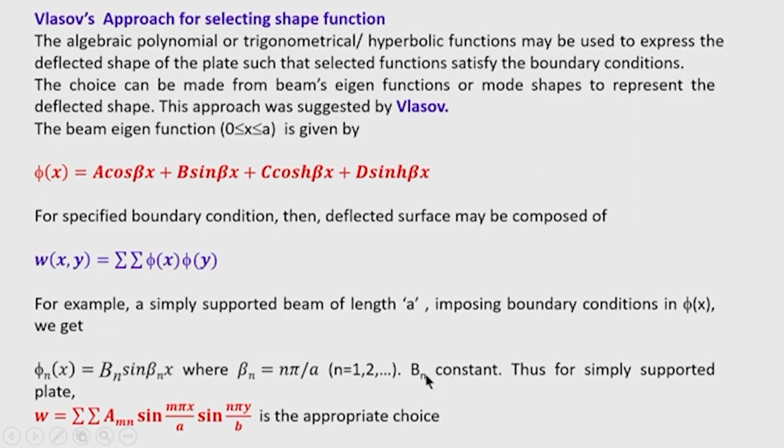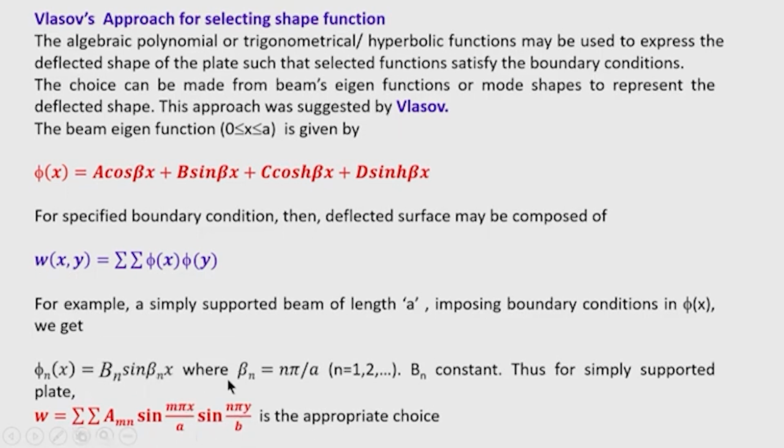Thus, for a simply supported plate, meaning simply supported along all edges, we can write the deflected shape as the double summation a m n sin m pi x by a sin n pi y by b.